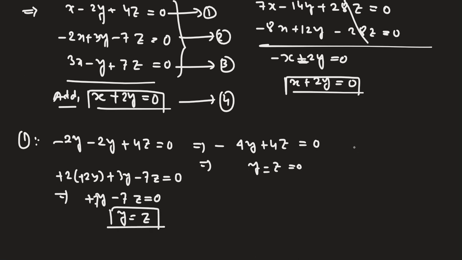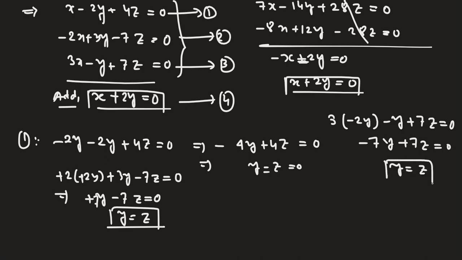So if I replace x equal to minus 2y in the third equation, what I have: 3 times of x equal to minus 2y, then we have minus y, then 7z is equal to 0, minus 6y minus y, minus 7y plus 7z equal to 0, so again we have y equal to z.